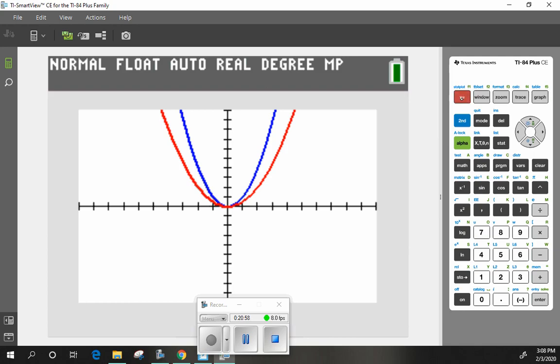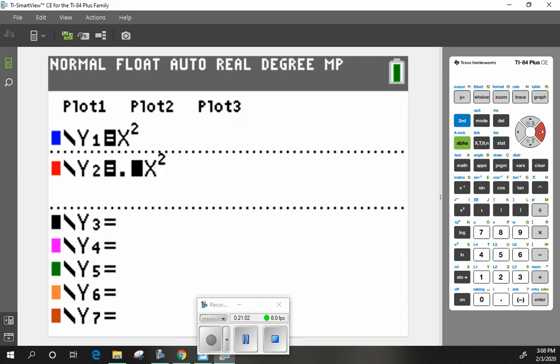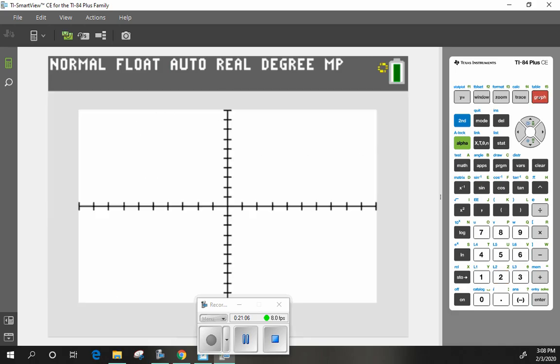If you want to play around with this, pick something even smaller than 0.5, perhaps 0.2. It got even wider, right? So compared to the parent function, having a number between 0 and 1, a decimal or a fraction, as a leading coefficient makes our parabola a lot wider.